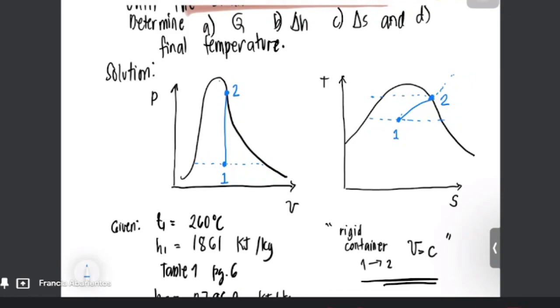Madali lang, class. So, ibig sabihin, class, hindi lang sa kung saan lang yung temperature lang yung hahanapin mo. So, pwedeng saturated liquid, saturated vapor. So, yun yung tricky part.